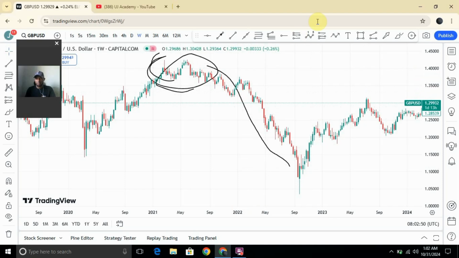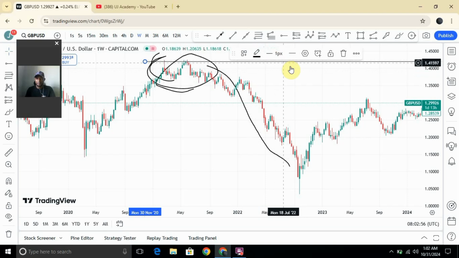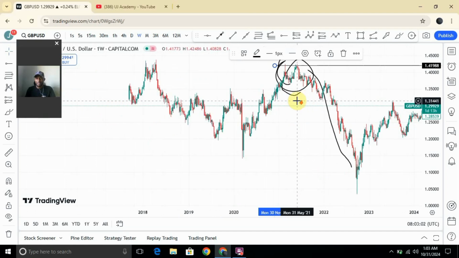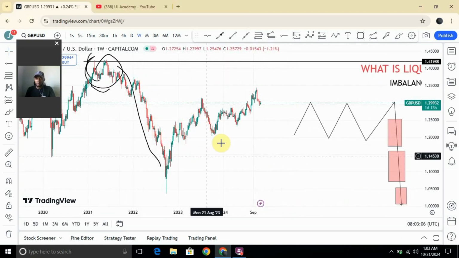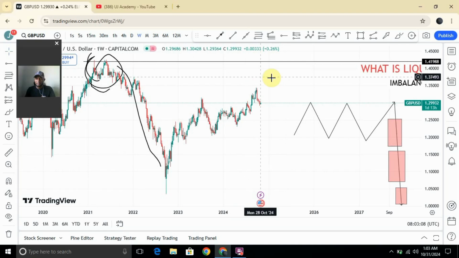Now, this is the market reference point, the institutional reference point that the market has made over time, this area here. So in future, the market will always come back to fill up this space.